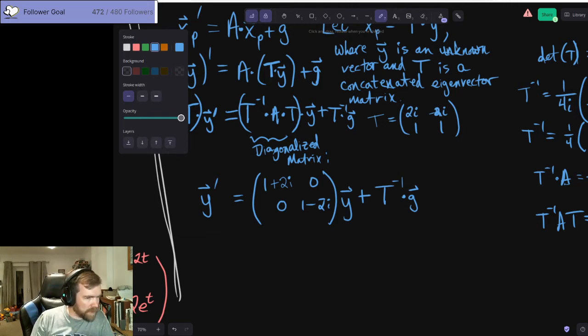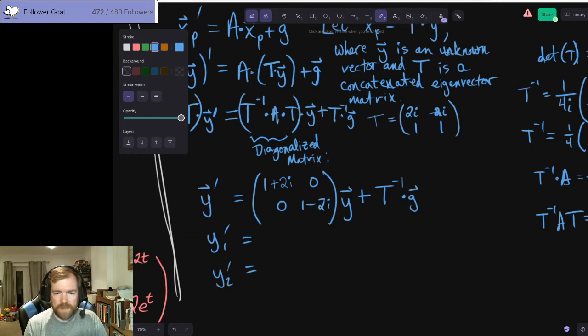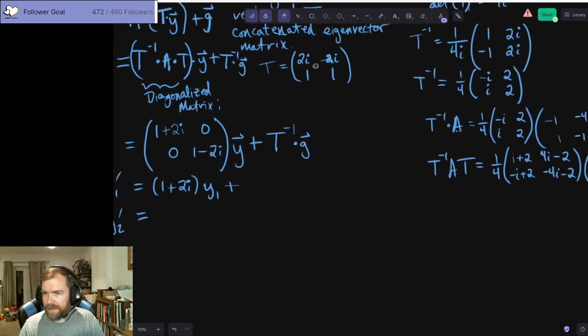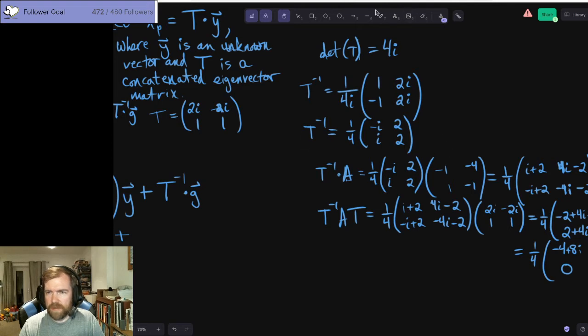Alright, at this point, there's multiple ways to do this. In this particular case, we can break this down into two separate equations, of which the first one is going to be y1 prime is equal to, and up here we get a constant 1 plus 2i times y1. It's going to be added to, and now we have to do the T inverse G, which I didn't do yet. That's fine. So we have T inverse here.